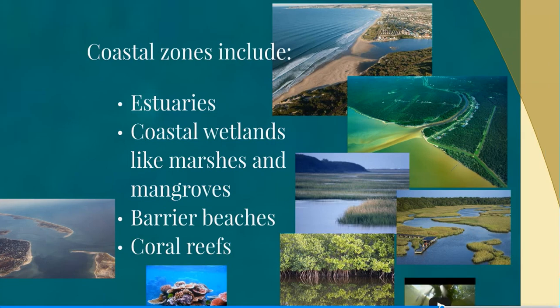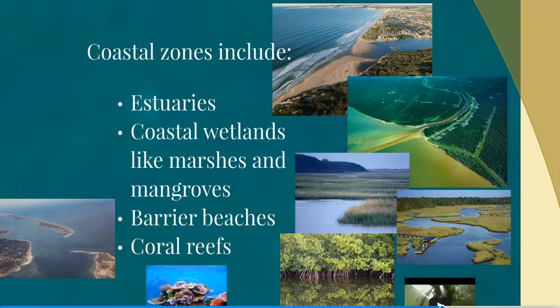All right, so coastal zones also include these things called estuaries, coastal wetlands like marshes and mangroves, barrier beaches, and coral reefs. So let's start with an estuary. An estuary is an area that's partially ocean, but also partially fresh water.